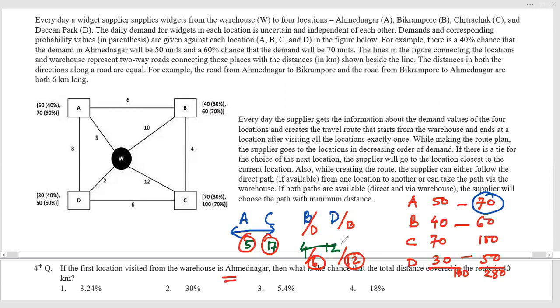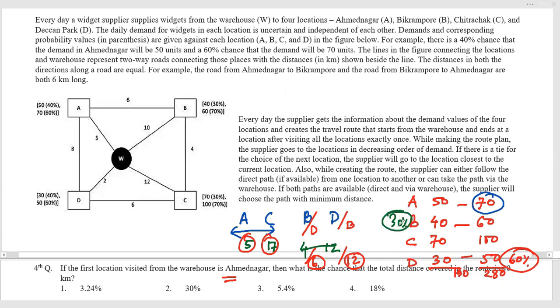Now in DB order only, it is varying. So there is a chance factor, we know. AC to confirm. What is D first, then B second? D first and B second. That means D needs to be 50 and B needs to be 40. D 50 is 60% probability, and B 40 is 30% probability.